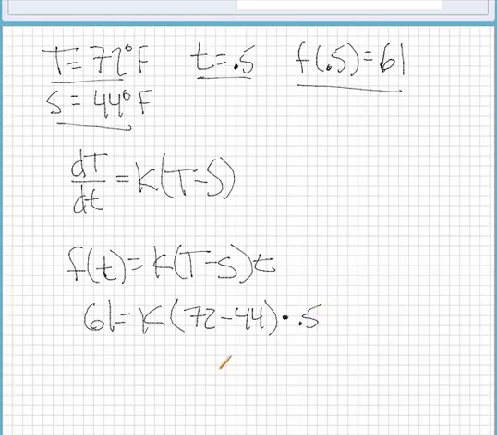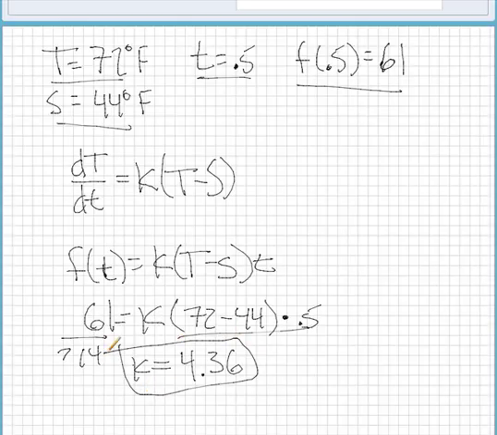So we're going to do time in terms of hours. So then we solve for K. We divide 61 by all that, so this is 28, and half of 28 is 14. So what we get is K equals 4.36. That's what K equals.